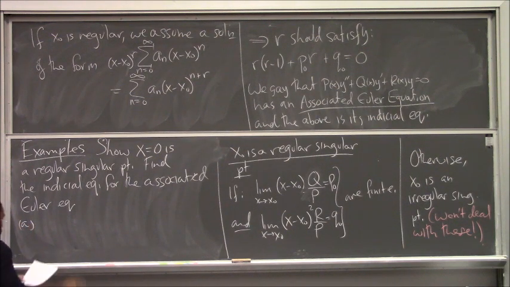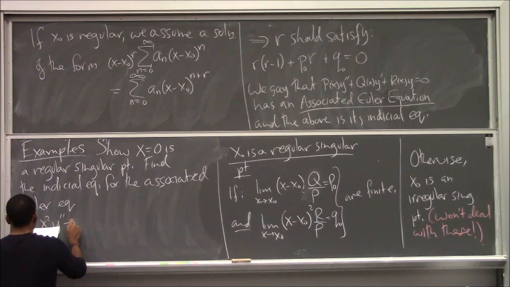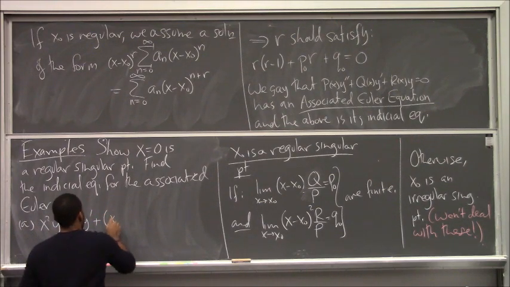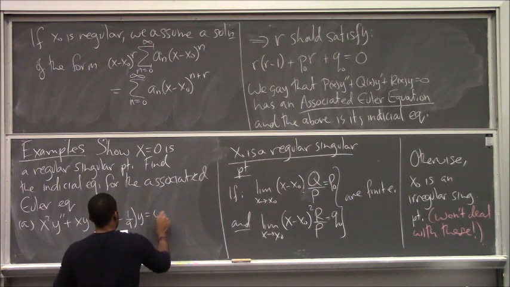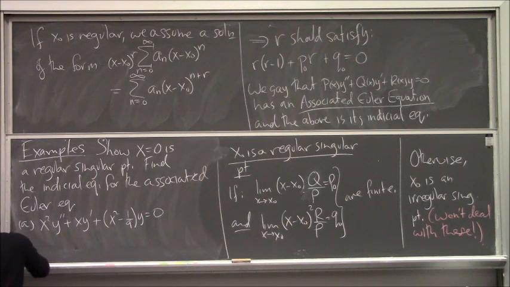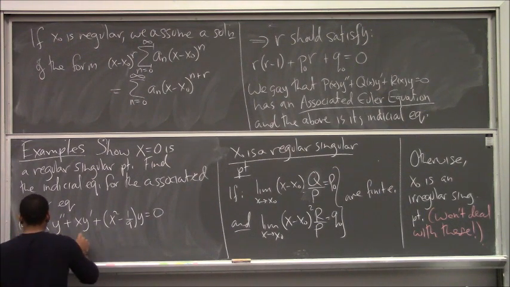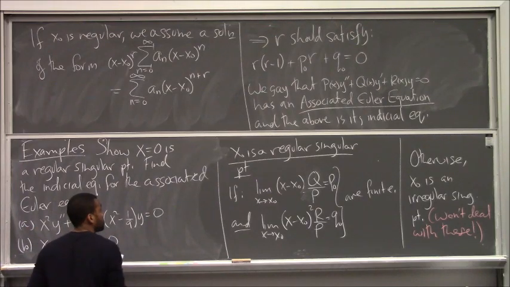A. x squared y double prime plus x y prime plus (x squared minus 1/9) y equals 0. B. x y double prime plus y equals 0.